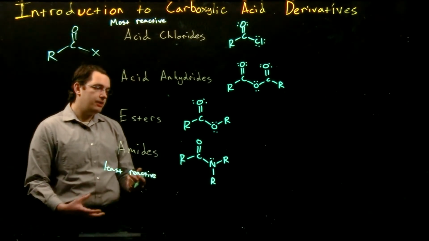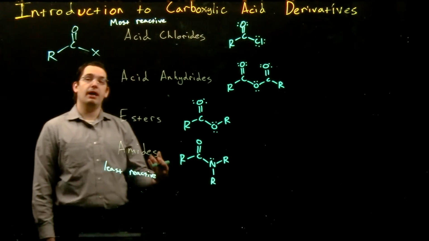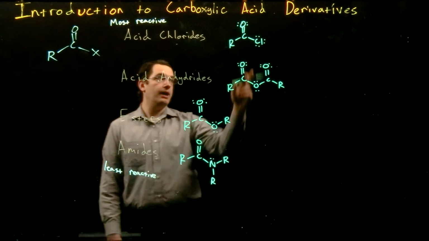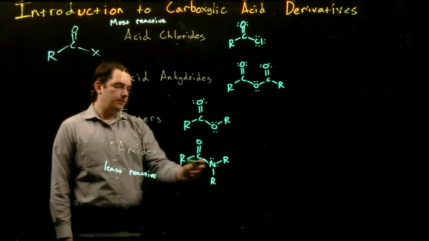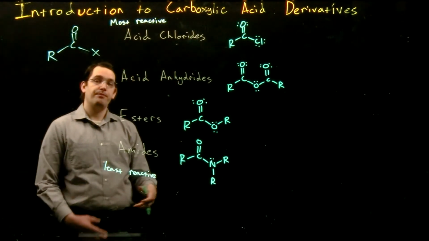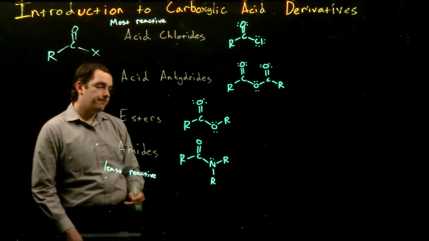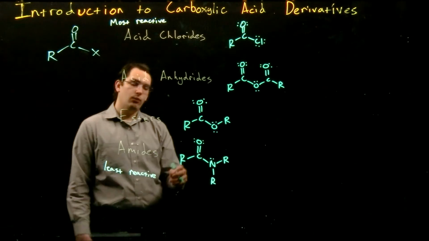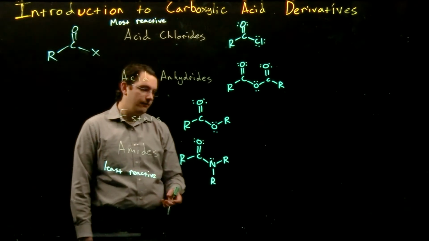So of course, as I already mentioned, one of the key factors is going to be electronegativity. Nitrogen, as the least electronegative of our possible attached groups here, will make it less reactive. The other key thing to look at here is the resonance within our carboxylic acid derivative.